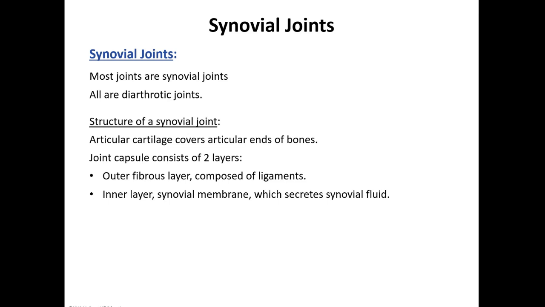So they are all said to be diarthrotic. Now, the area of a synovial joint usually consists of two layers: an outer layer that is rich in fibrous materials such as ligaments, and an inner layer that has a synovial membrane that secretes a fluid called synovial fluid.